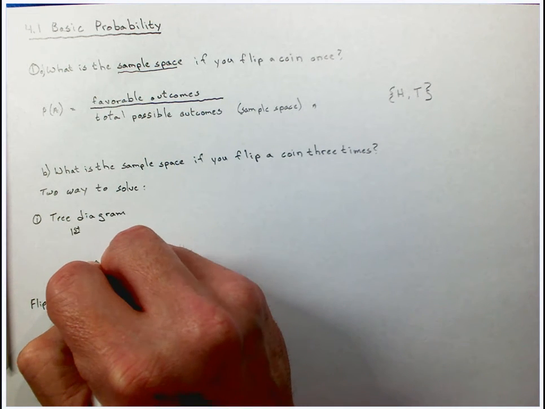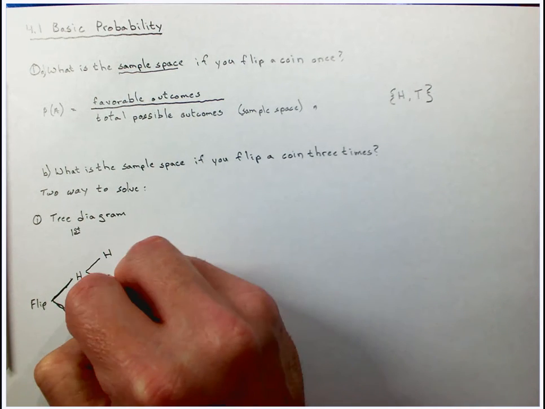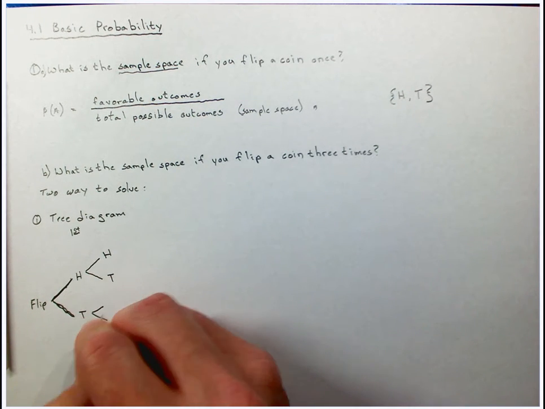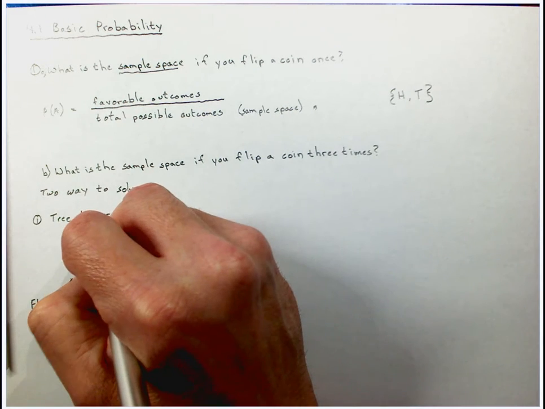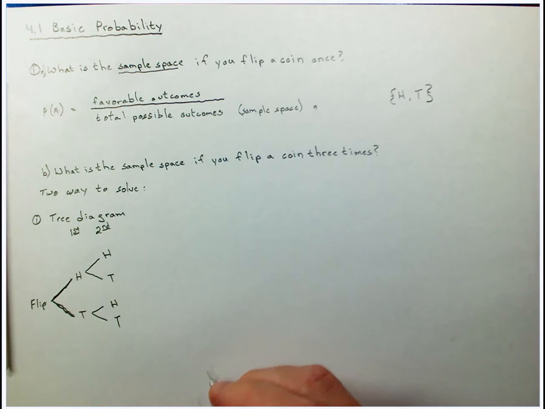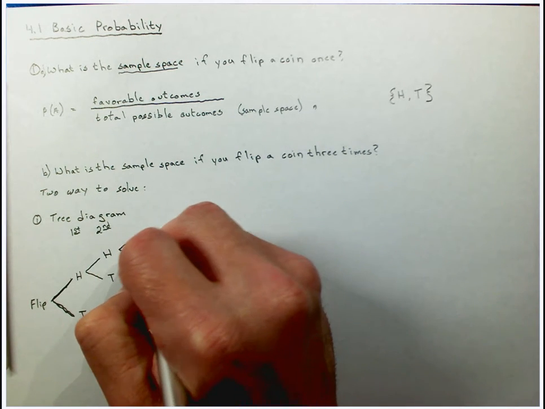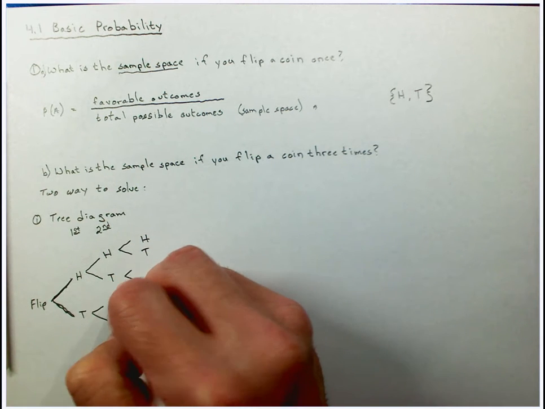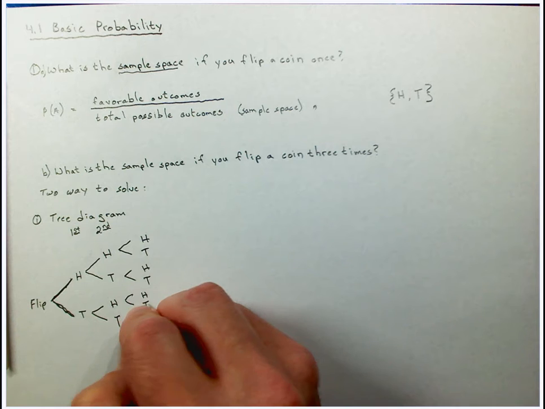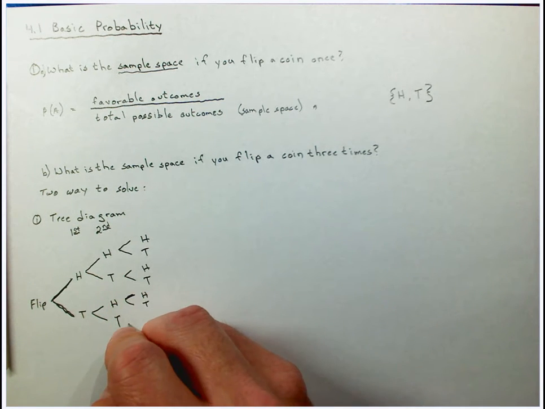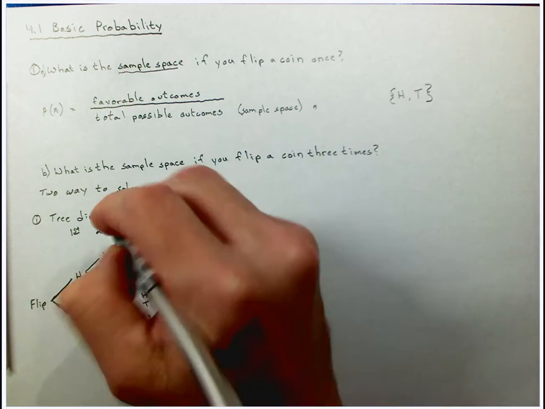When I flip it again, I can have the exact same thing: heads or tails, and the same here, heads or tails. This was my second flip. Then if I flip again, I can have heads or tails, heads or tails, heads or tails, and heads or tails. This was my third flip.